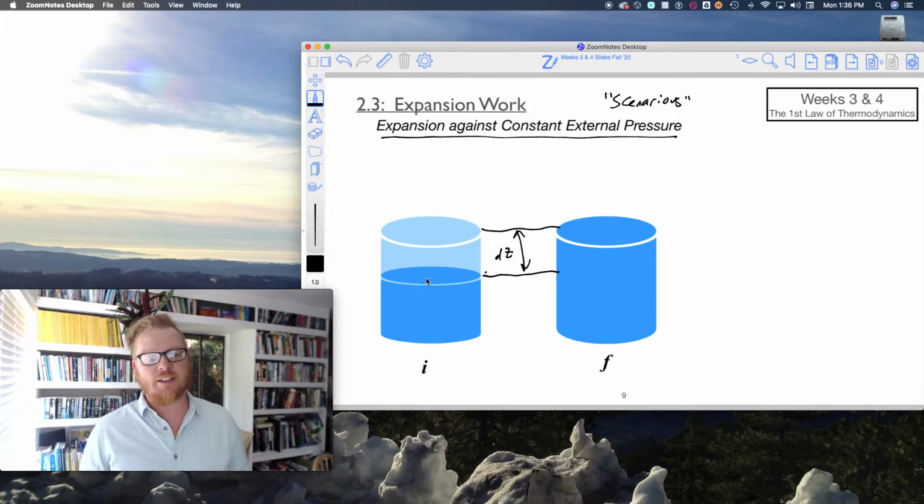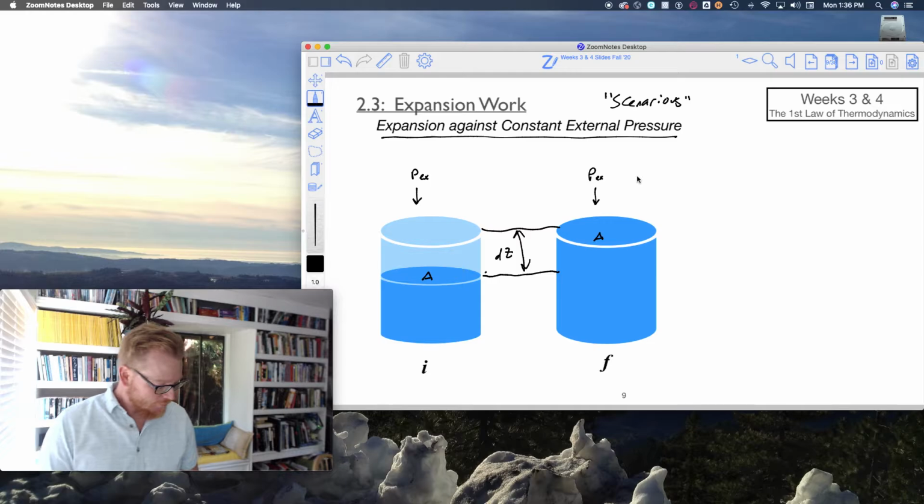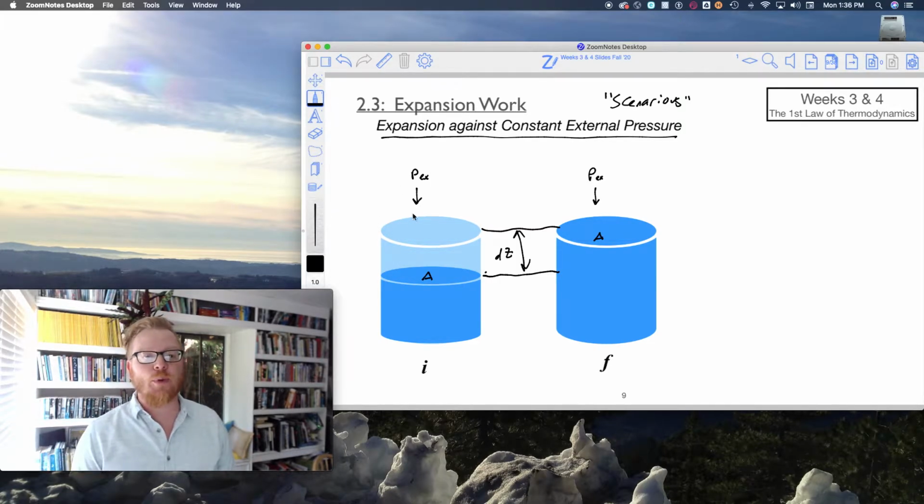We'll also say the cylinder has area A, and that area is the same from initial to final state. And I'll also say that there is some constant external pressure pushing on this cylinder, okay? And again, that external pressure is constant, okay?